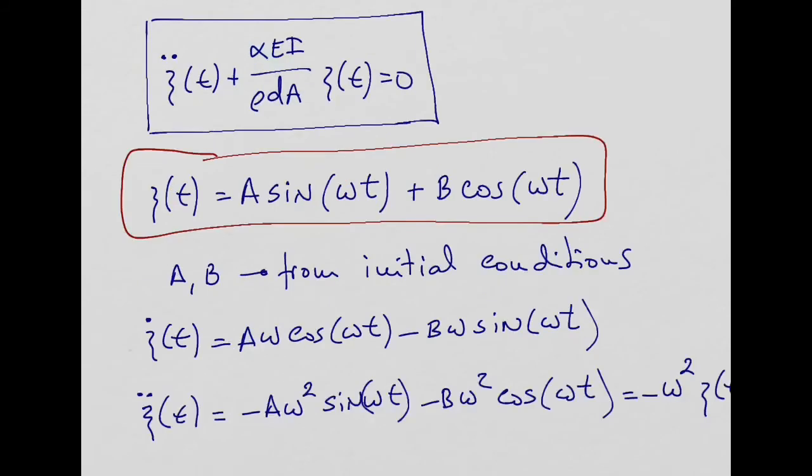So we are going to assume a solution for this function phi that is a bit more difficult than the previous one. This one here is quite standard. The solution for the phi function, depending on the x coordinate, is more complicated.